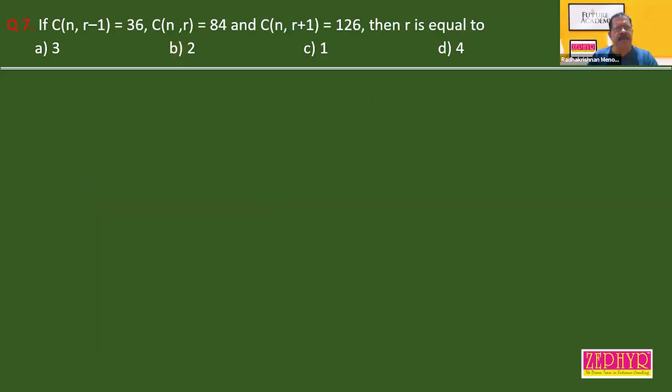Next question. nC(r minus 1) is 36, nCr is 84, nC(r plus 1) is 126. What's the value of r?